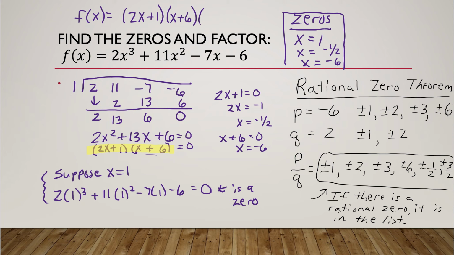We've done the one that gave me negative 1/2, and the one that gave me negative 6. I just need the one that gives me 1. So remember that that factor should have an opposite number. If the 0 is positive 1, the factor should be x minus 1. And so now we have the polynomial completely factored.